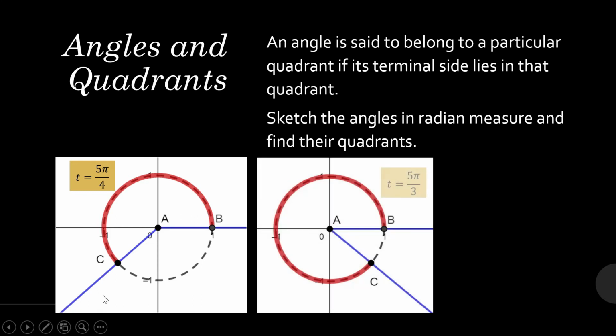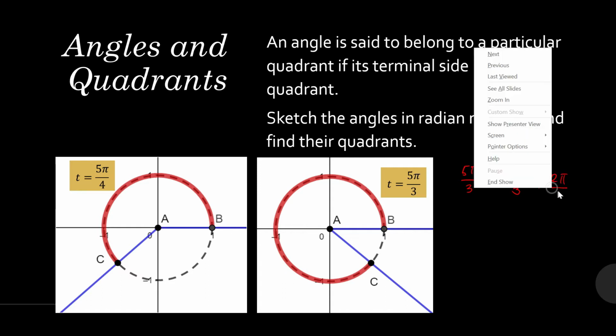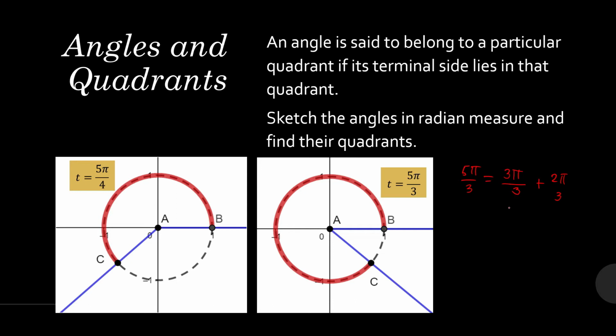Now, how about when the angle is 5 pi over 3? So when the angle is 5 pi over 3, this is what you can do. You can write it as 3 pi over 3 plus 2 pi over 3. So 3 pi over 3 is just pi. So we shall make, again, one half of the complete revolution, that is pi. And then we will make an extra rotation, which is 2 pi over 3.